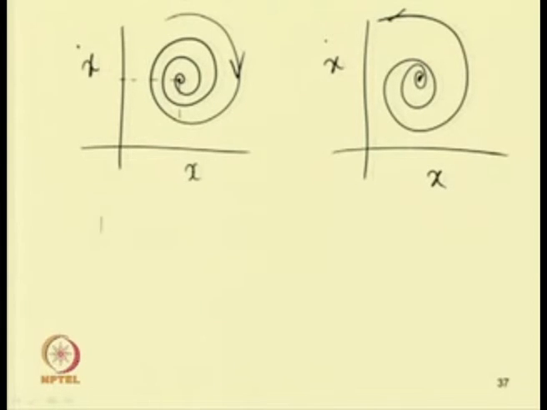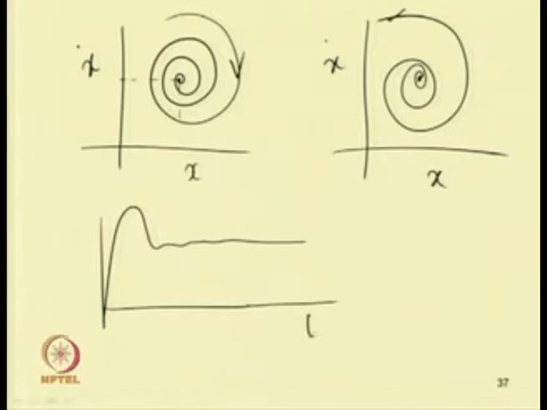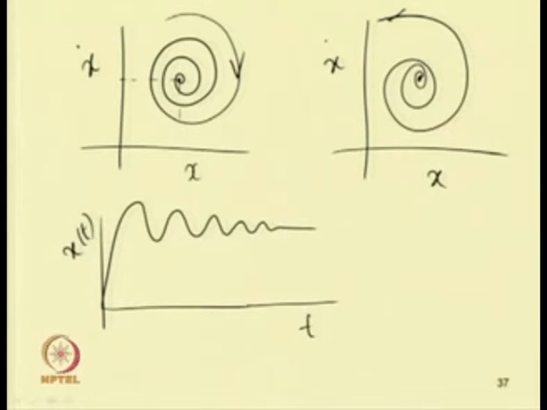In case of time response, starting from a point, this is the time response. So, this is x t. One can plot this x t and x dot t. So, this is the time response of the system. Initially one will have this, or one can plot more times also, and then finally it will come to the steady state.